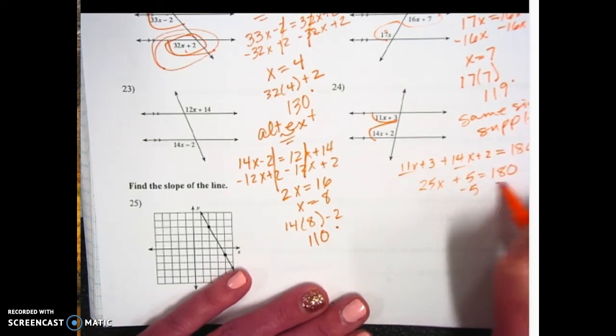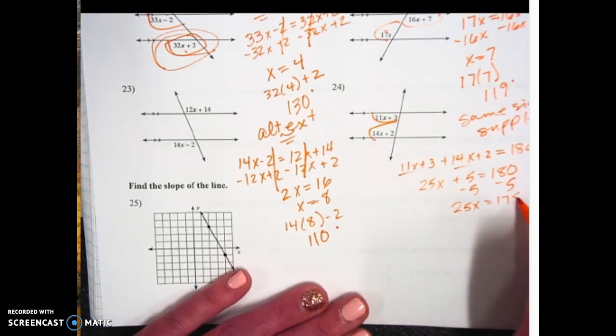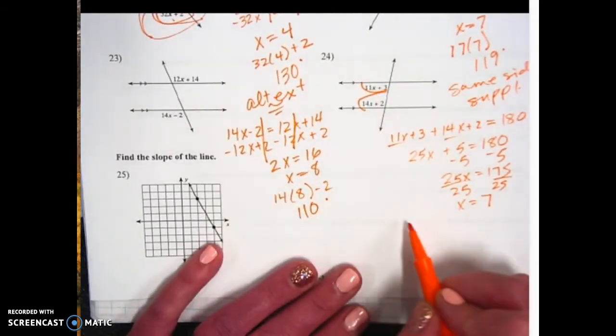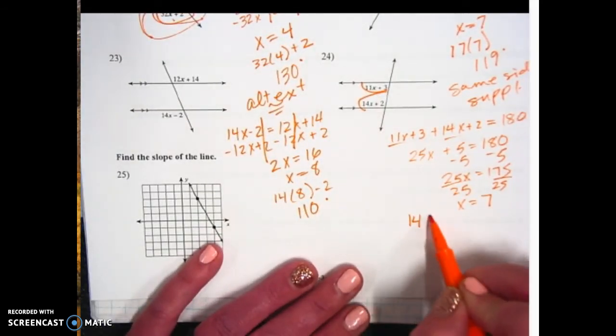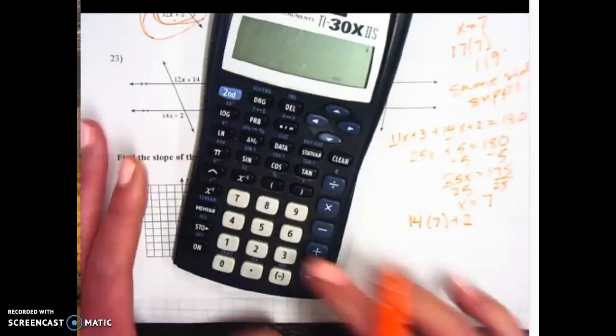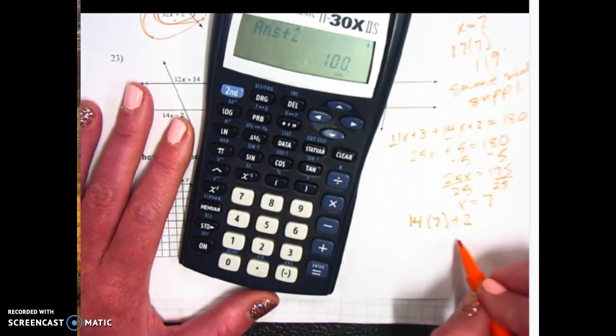Subtract the 5. 25x should be 175. Divide both sides by 25. So x should be 7. And then we need to substitute it back into the bottom. So 14 times 7 plus 2. So 100.